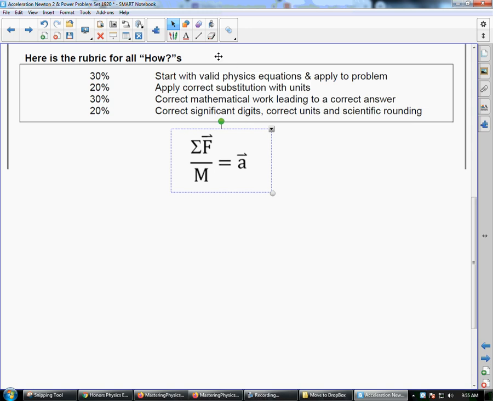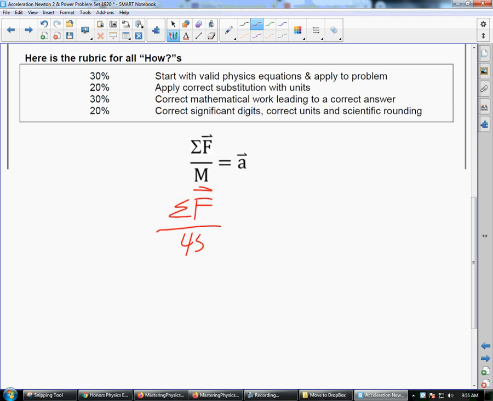All right. And so we're looking for the net force this time. So we're looking for that total force. We have the mass.